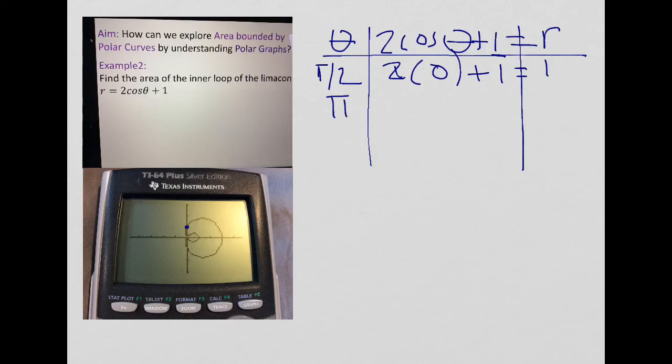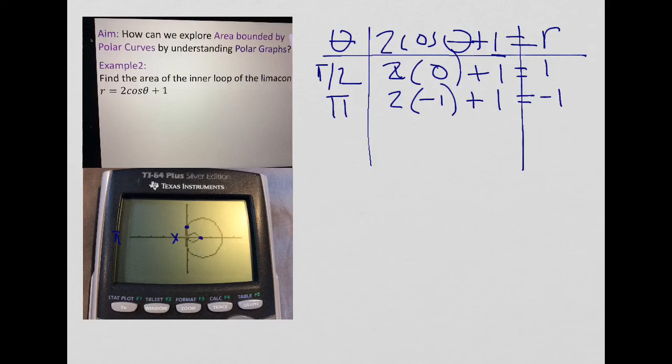So start with your quadrantal angles just like I did in the other problem. If you plug in pi for cosine, you get -1. So now it's -2 plus 1, that's a -1. So at pi, here's pi, you don't plot here where r would be 1, you'd be plotting here where there's a -1.